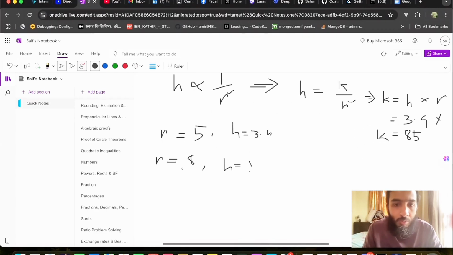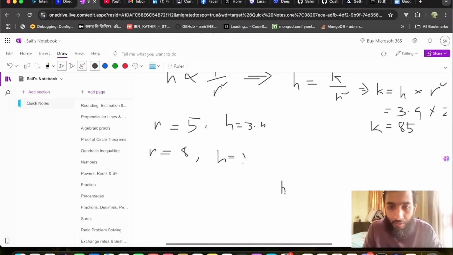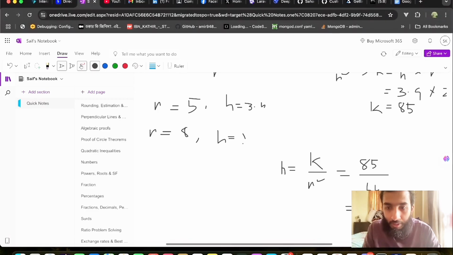So when r is 8, we know that h is k by r square. Now we know the value of the constant, which is 85. When r is 8, 8 square is 64. h would be 85 divided by 64.